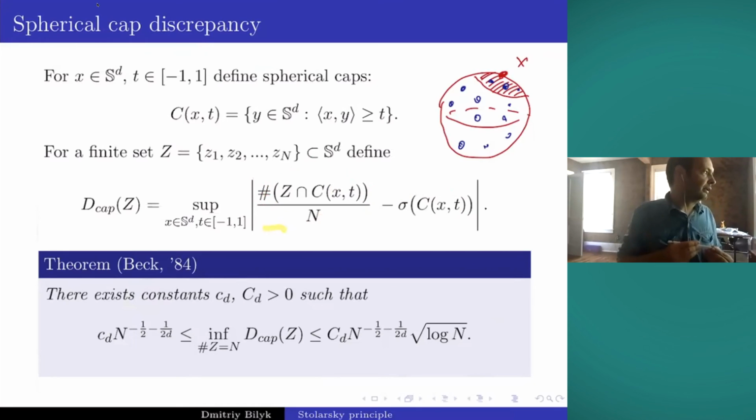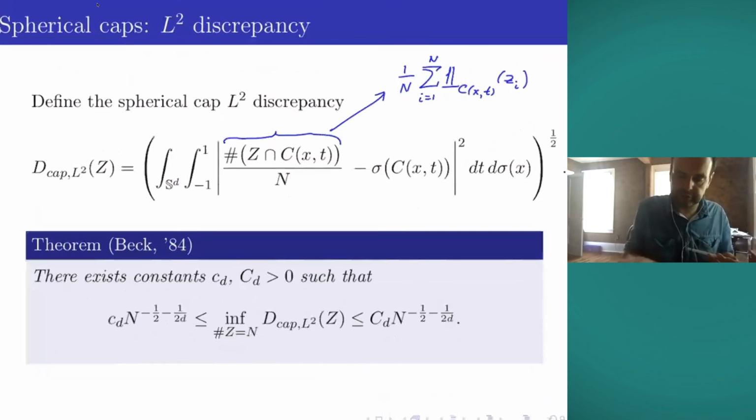Depending on the notion of discrepancy that you take, and depending on the geometric situation, it may not be the right thing to do. So sigma, the uniform measure, may not be the right measure, because again, let's go to the Stolarsky principle.